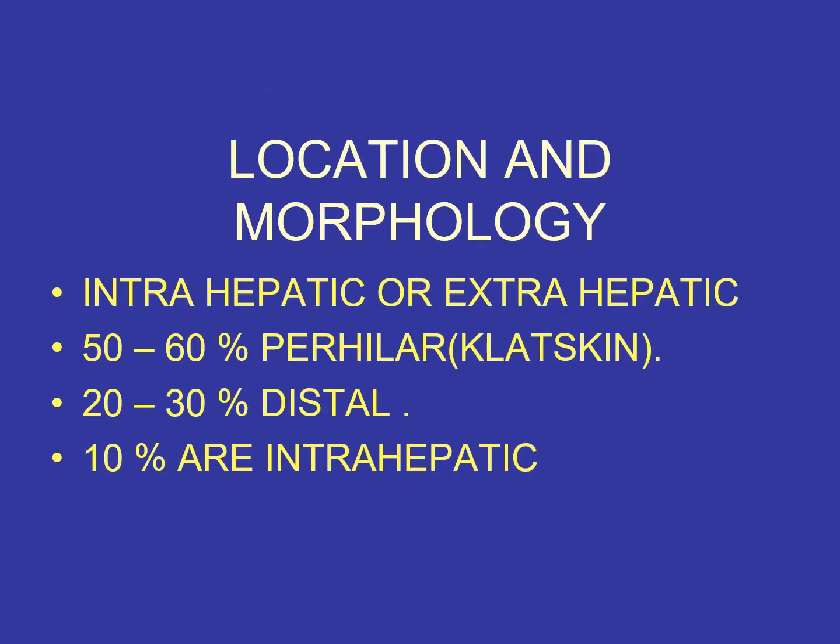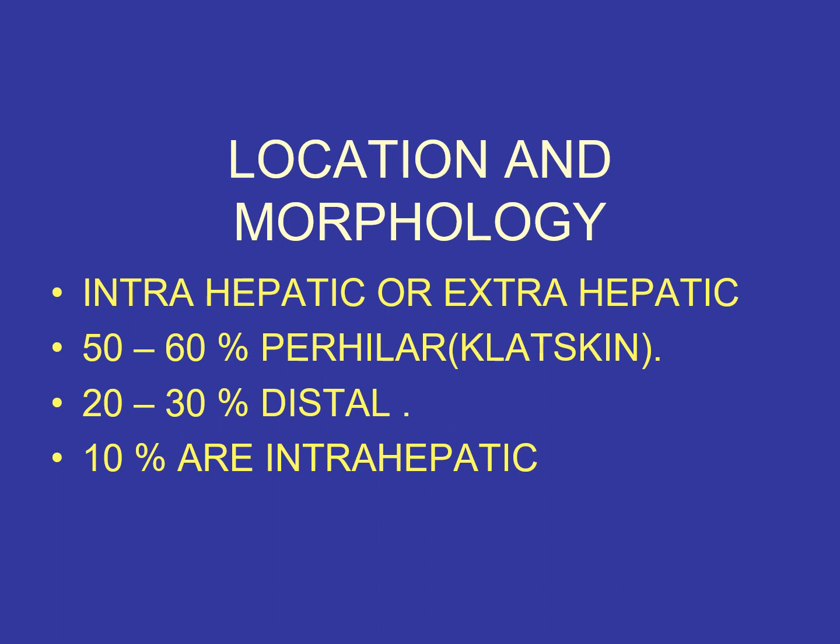As for location and morphology, normally intrahepatic or extrahepatic: 50 to 60% are perihilar, 20 to 30% are distal, and 10% are intrahepatic. These 10% variants can be confused with hepatocellular carcinoma.